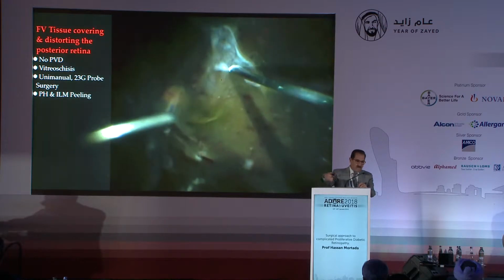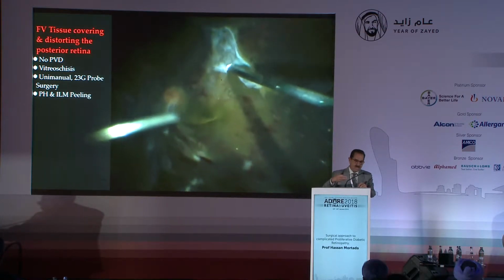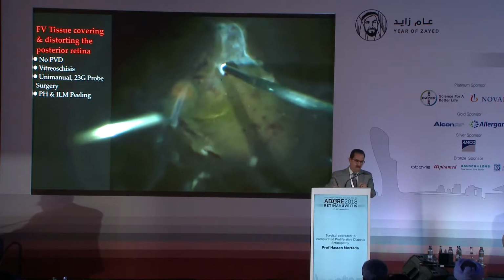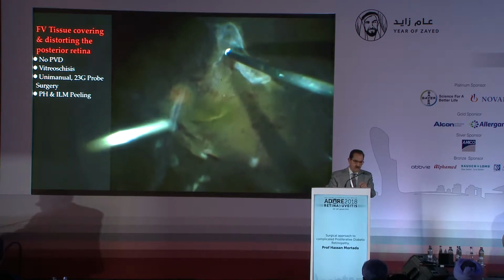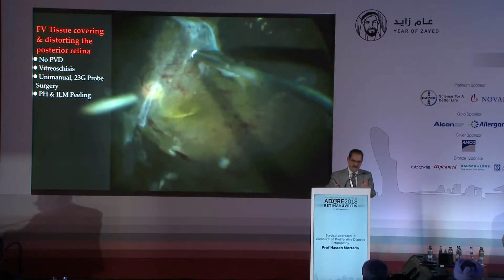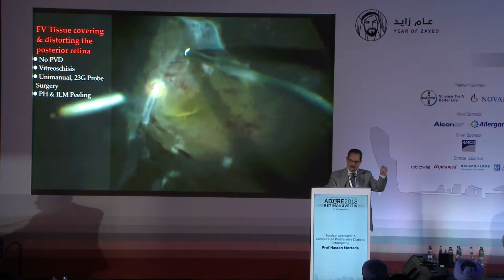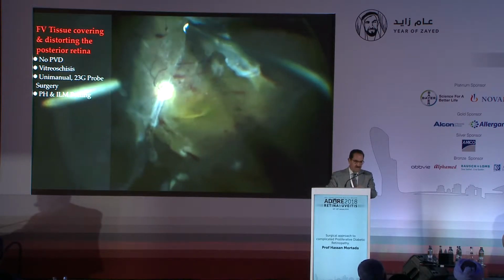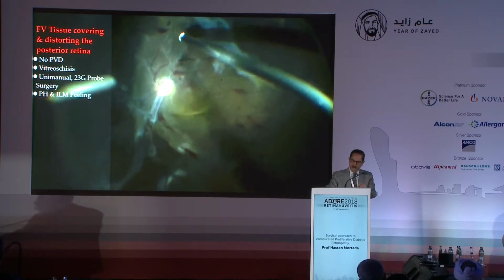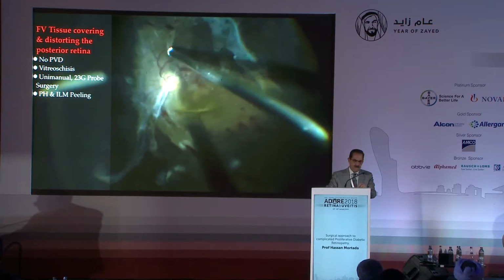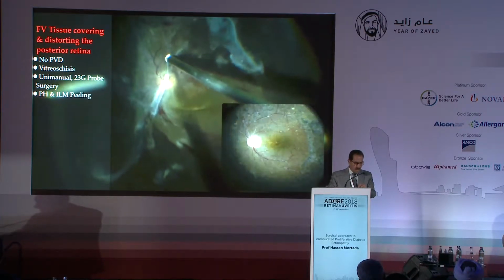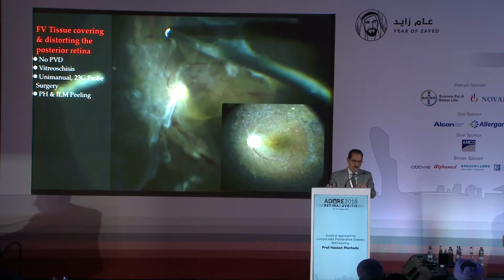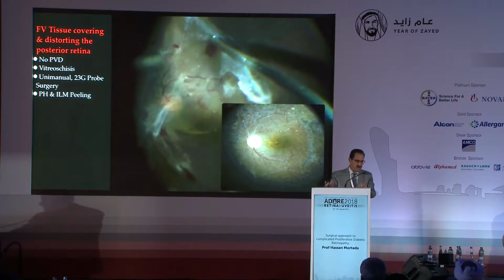You go around the epicenters, and once the epicenter is free, you can eat or remove the attachment to the epicenters. This is continued from the periphery to the center, or you can detach the tissue on the optic disc and start from the center to the periphery until the whole fibrovascular tissue is removed using only the vitrectomy probe. And this is the postoperative picture. The retina is stable with no proliferation, and is left completely clean.